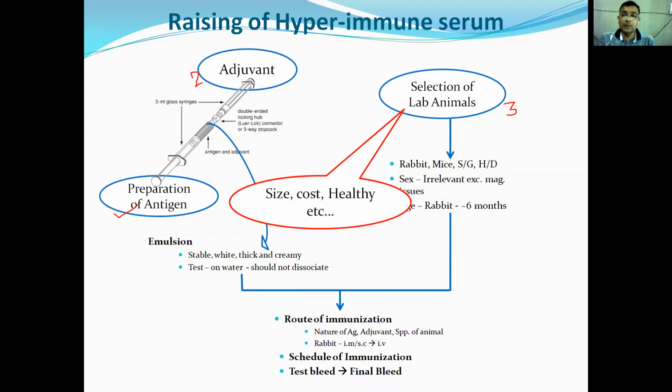The cost of the animal also matters, because that ultimately ends up in the final cost of our product, and the animal must be healthy. Why? If they have some inherent infection, then the immune response might be directed against that particular infection, and we may not get a sufficient immune response against our target antigen.